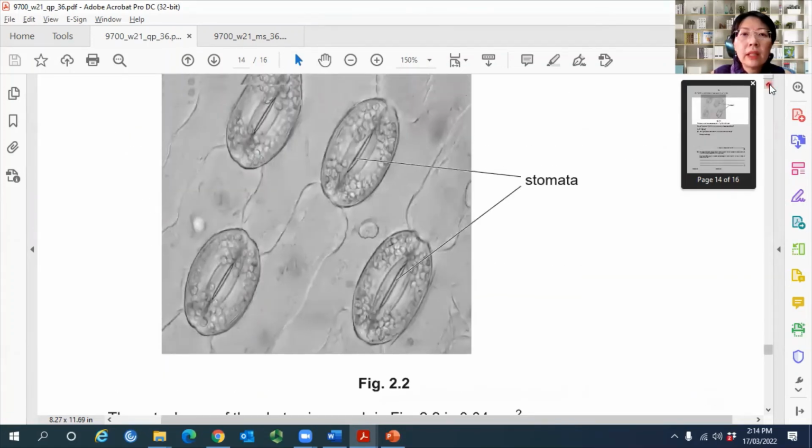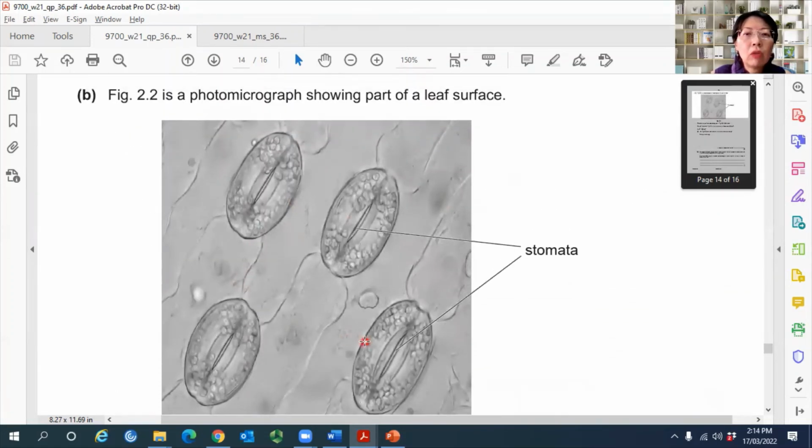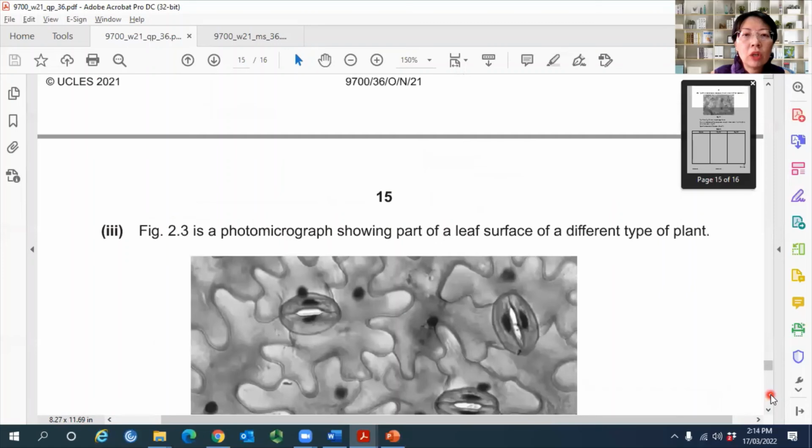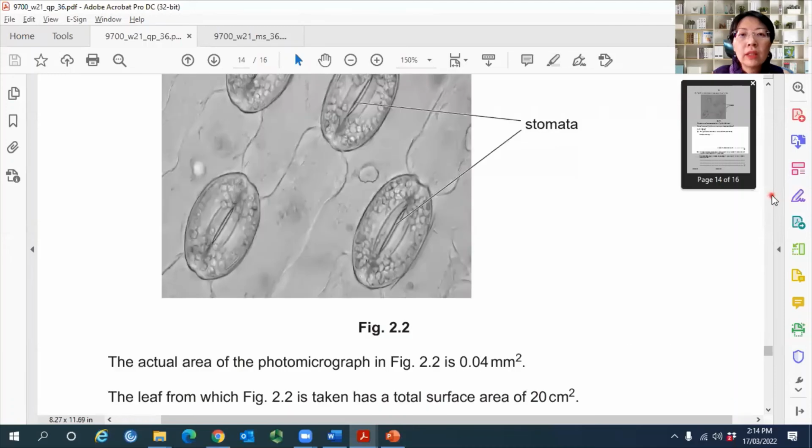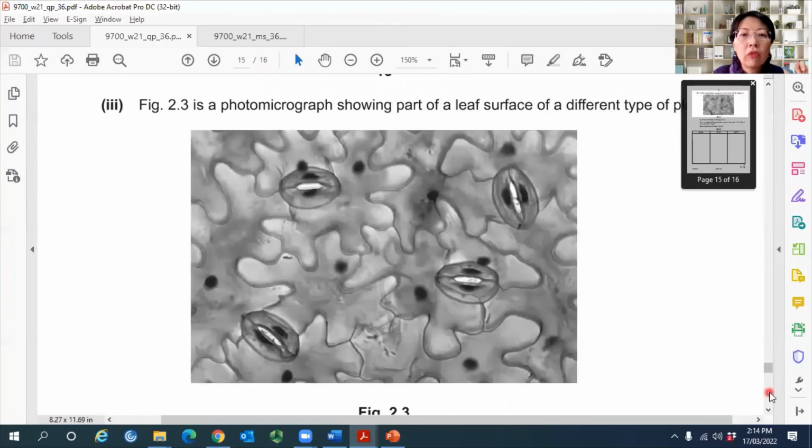So the student is saying that this shape of the cell is regular. Is it really regular? That means every cell, the shape is the same, and every cell here, the shape is not the same. If you are the examiner marking this answer, will you give the mark? Or you also don't know whether to give the mark or not? Okay, the student said this epidermal cell is regular shape. This cell here is not regular.